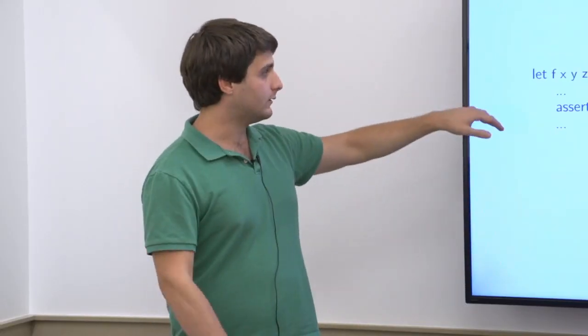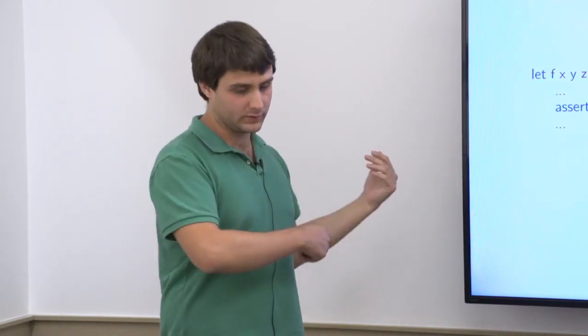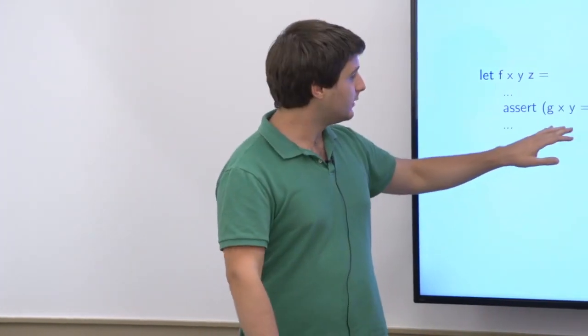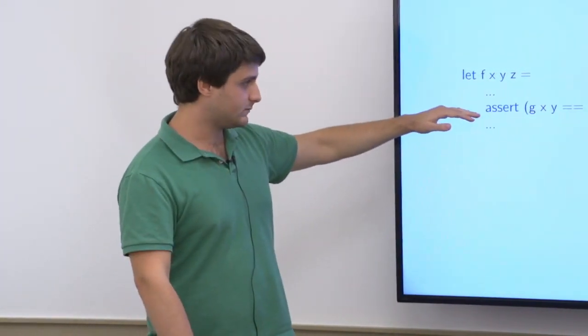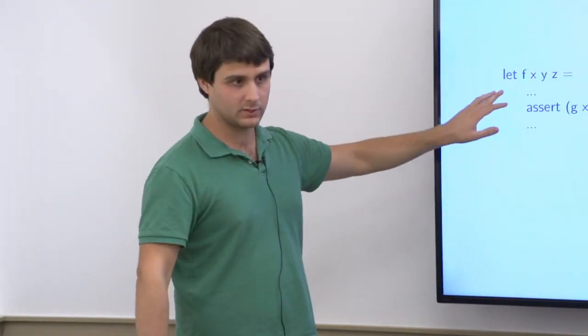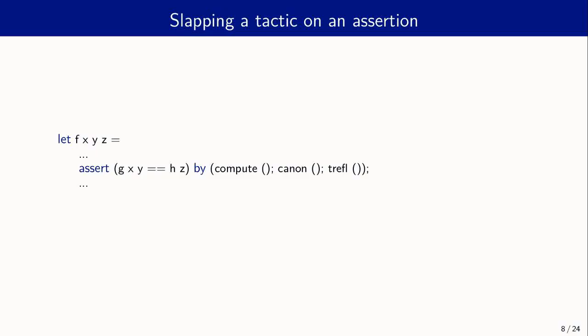It's quite simple, following the previous style where we have some piece of code and some assertion in the middle, which previously would simply be added to the huge verification condition that we're computing for this function and sent to the SMT pretty much as is. Now we have syntax to slap the tactic in here.